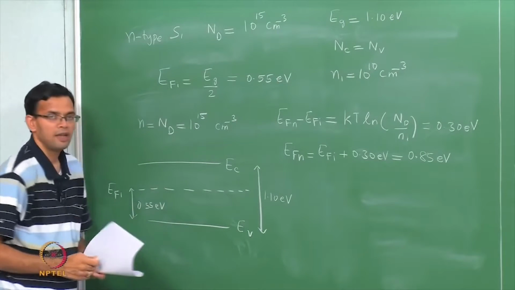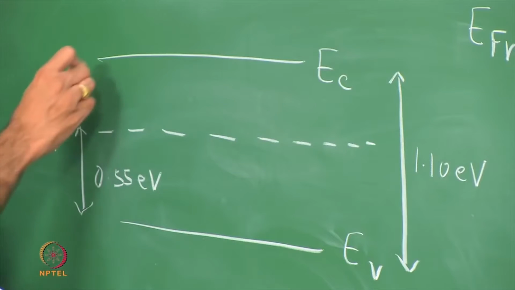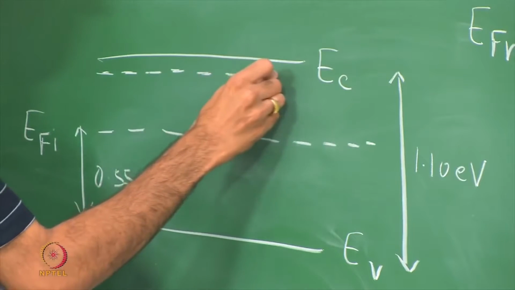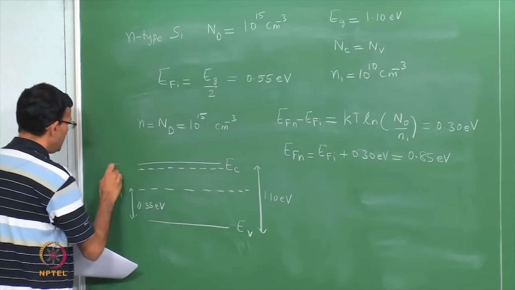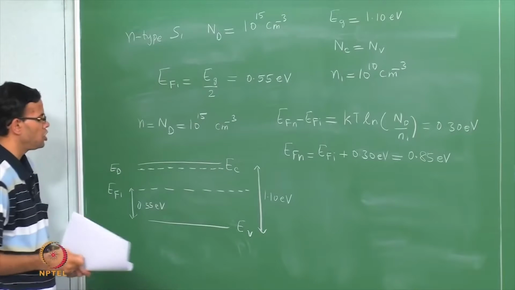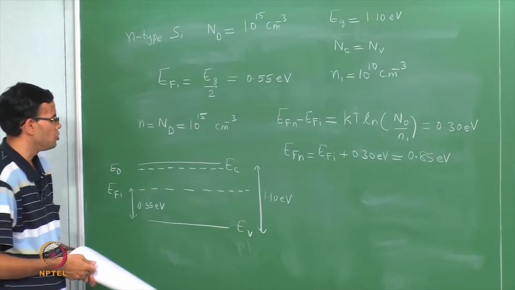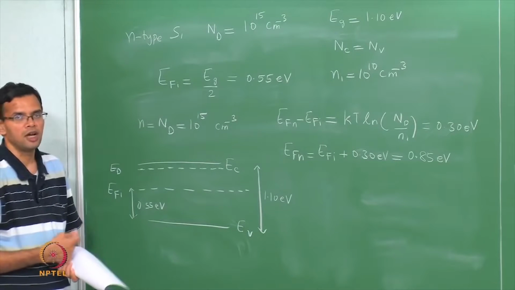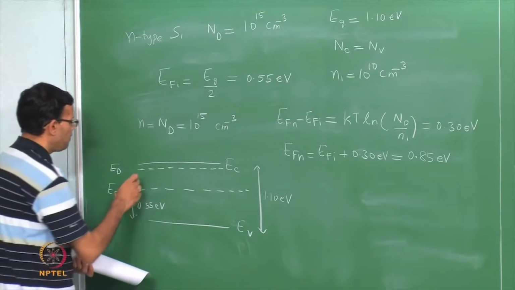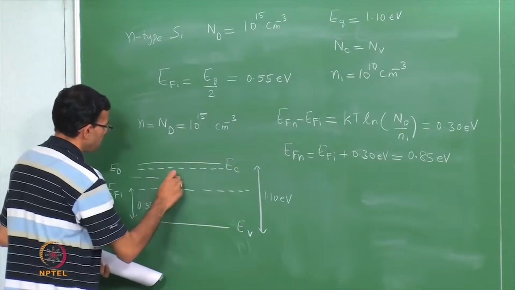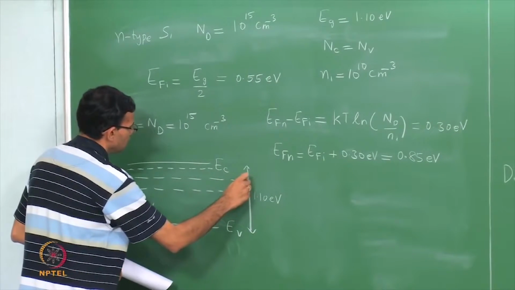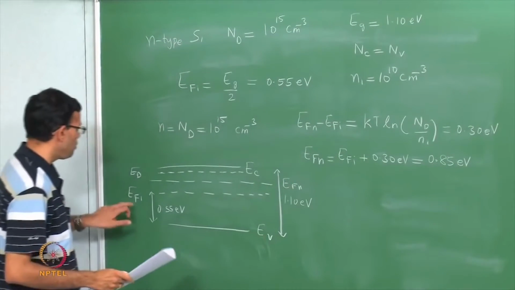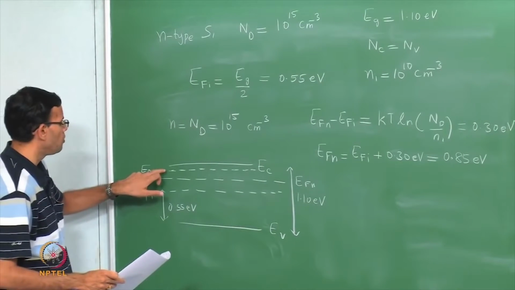So, you have added an n type impurity. This creates your donor levels Ed. These donor levels are very close to your conduction band. At room temperature, all of the donors are ionized, and what we have is your Fermi level EFN located above the intrinsic level, but below your donor level.